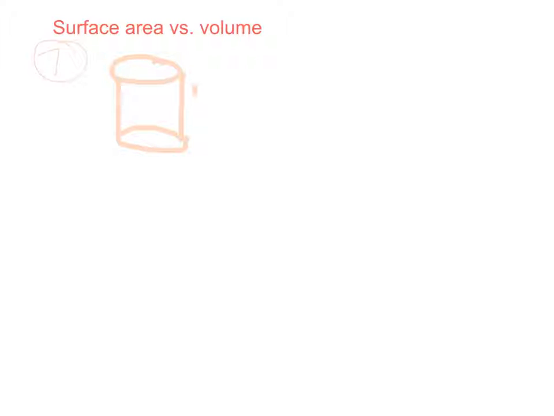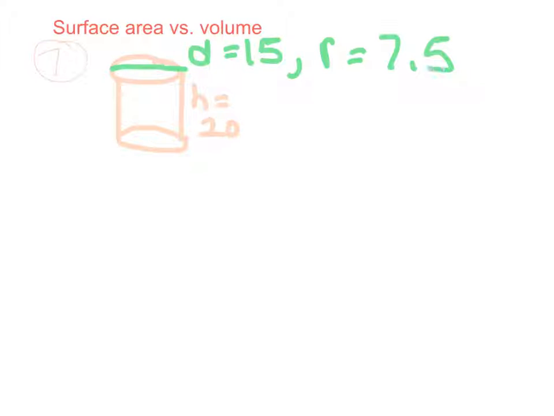We're told that the height of the pencil cup is 20, and we're told that the diameter, or the distance across, needs to be 15 centimeters. So again, we're talking about diameter. Now remember, in our formulas for surface area and volume, we're always using radius, not diameter. So go ahead and convert that to radius, which is just going to be 7.5, or half of what the diameter is.